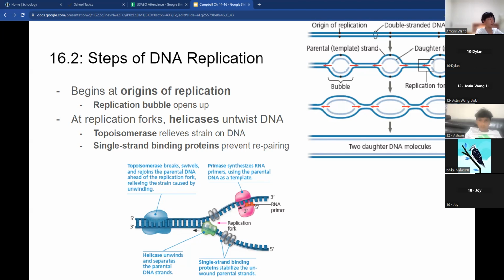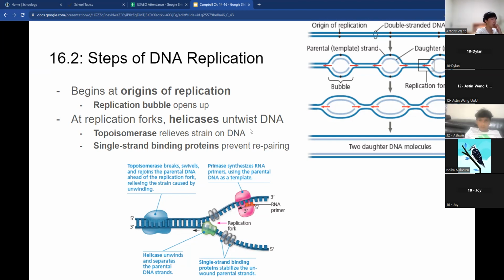At the replication forks, you start off with a protein called helicase. Helicase will unzip this DNA. It'll attach at the origin of replication and pull it apart. It's at the front right here, and as it moves in this direction, it continuously pulls the DNA apart.